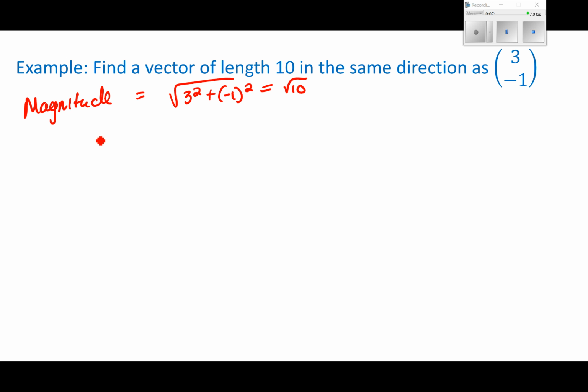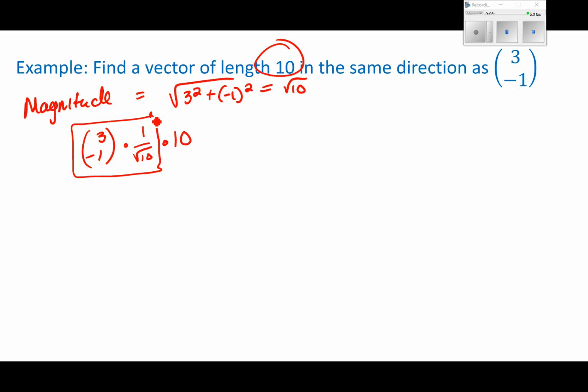So we're going to take our vector 3, -1 times 1 over that magnitude, root 10. But remember, we want this to be a length of 10. So I'm going to multiply all of this by 10 because this only gets us length 1. Multiplying by 10 guarantees a length of 10.